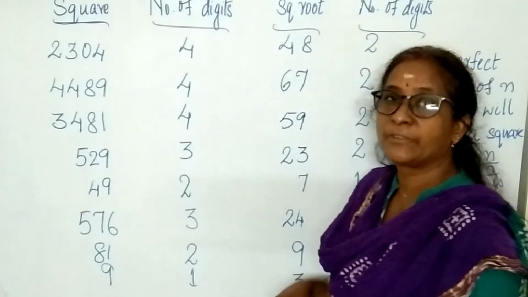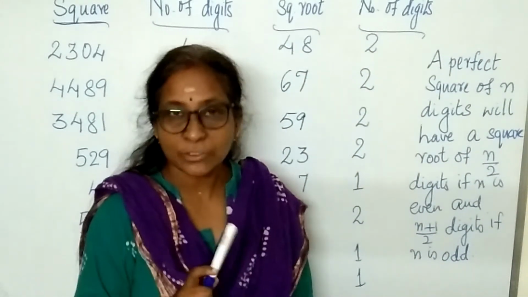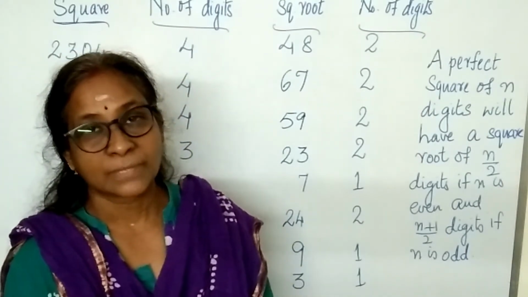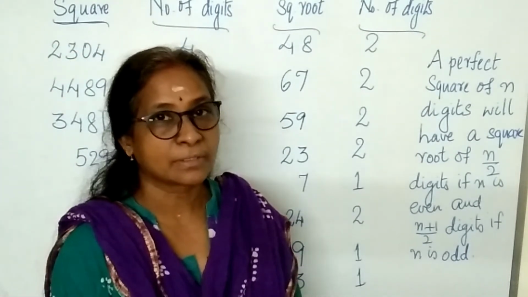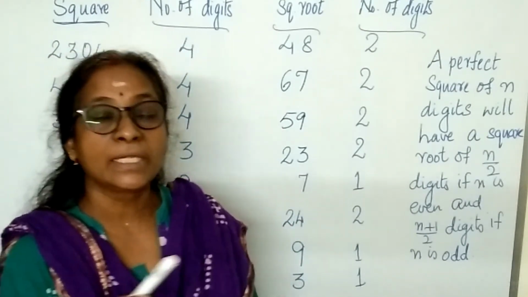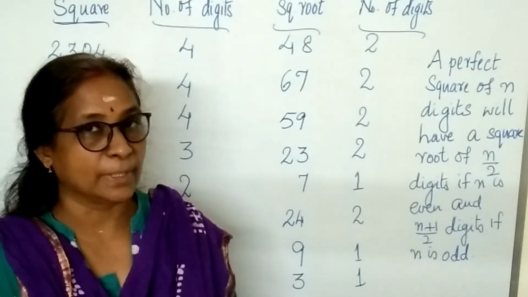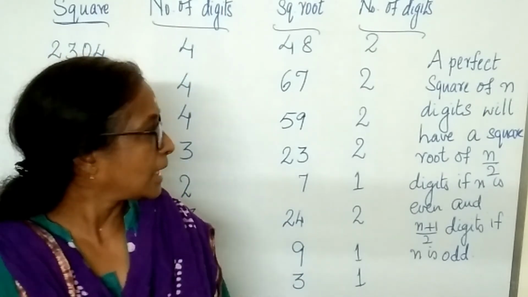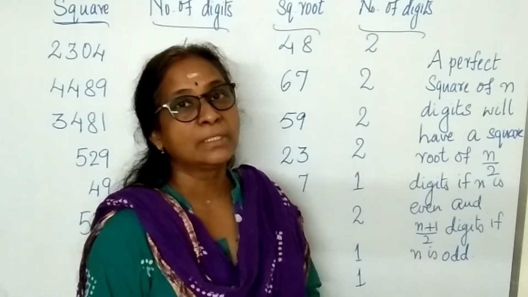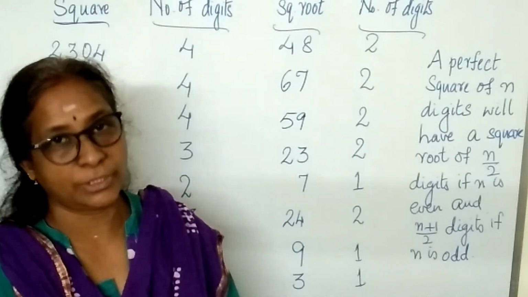So if you observe the pattern, you will come to know that if a square number has n digits, it will have n by 2 digits in its square root if n is an even number. And if n is an odd number, then there will be n plus 1 upon 2 digits.